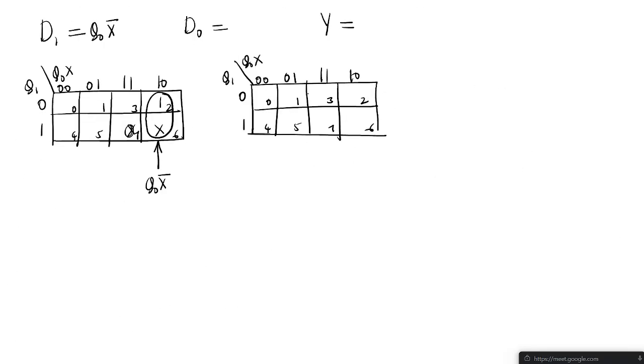This is one pair. What is this? Q1 bar X. Okay, X is common.